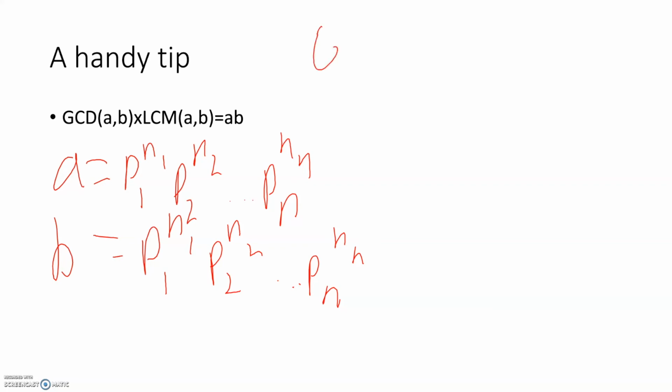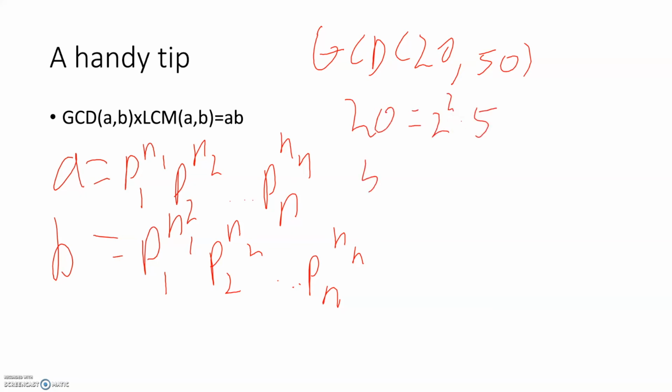So the GCD of 20 and 50, we just first find the prime factorization. 20 is equal to 2 squared times 5, and 50 is equal to 5 squared times 2. So what the GCD is basically saying is the lesser of the two, which is just 2 and 5.